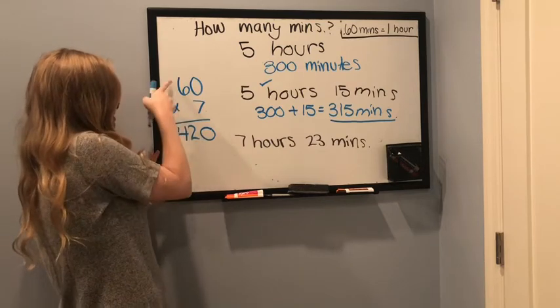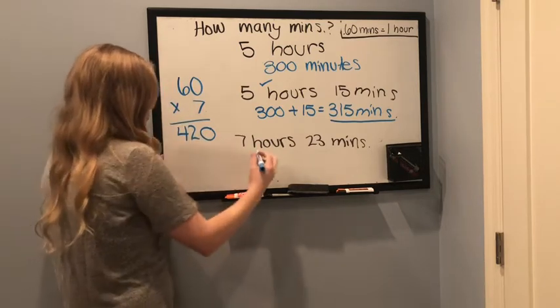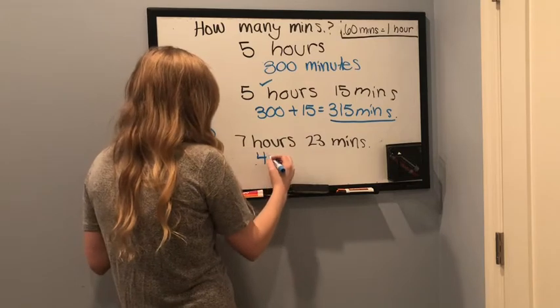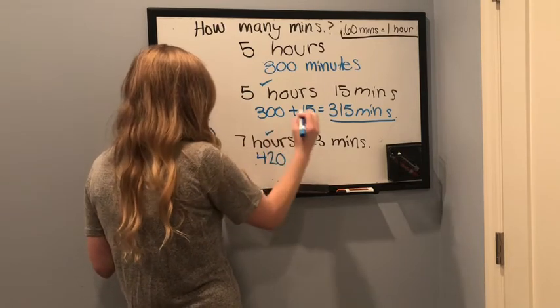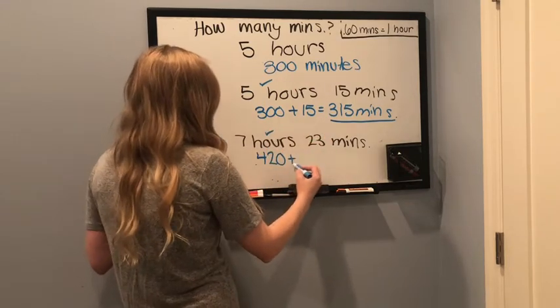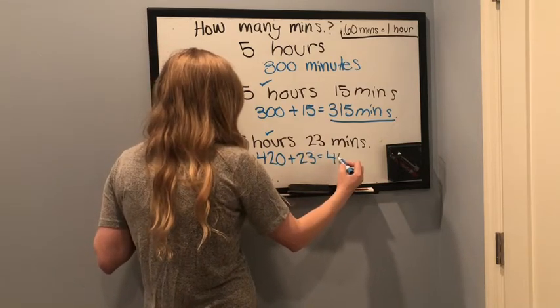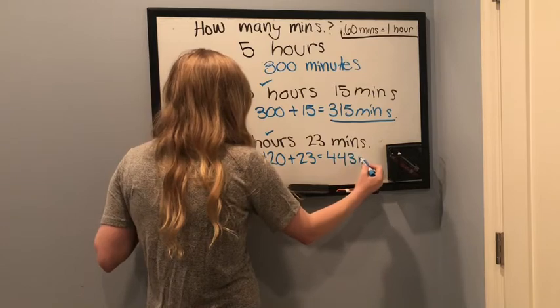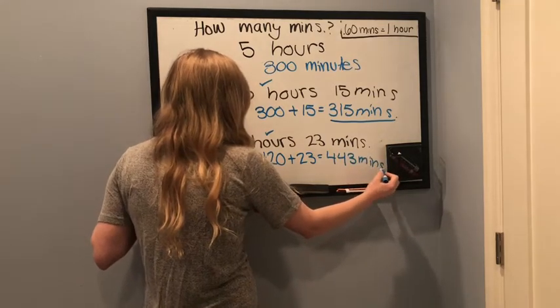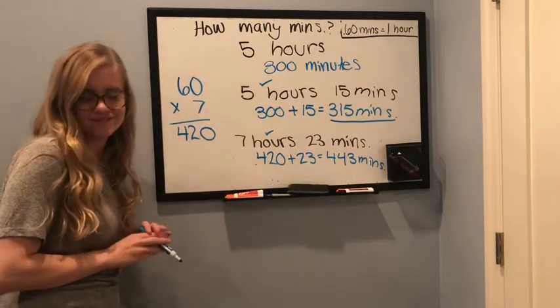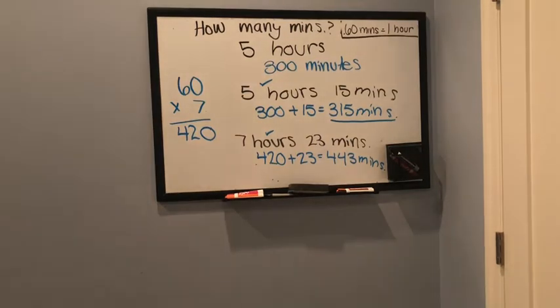So 7 times 60 is 420. So 7 hours is 420 minutes. Check. Then you're going to add the 23 minutes to get 443 minutes. Okay. I hope that went well for everyone.